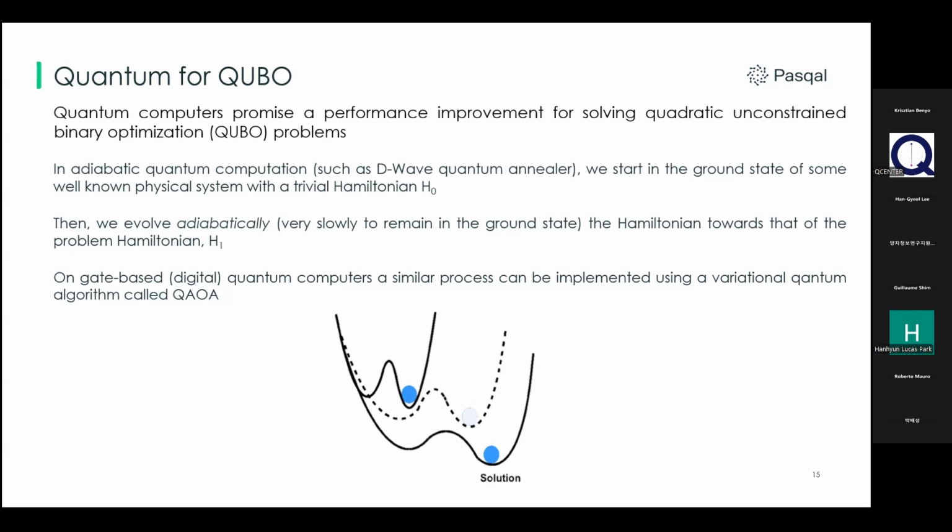The most well-known in this case is the QAOA, the quantum approximate optimization algorithm, sorry. But there are more generic algorithms as well, such as the adiabatic method. We will discuss in a little more detail how these methods work.